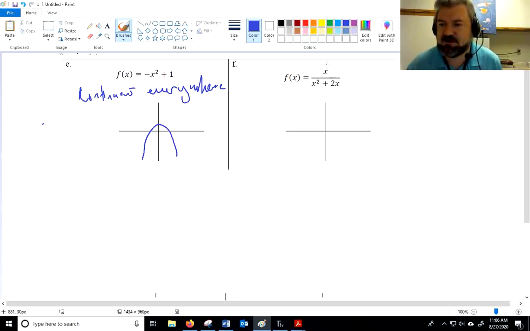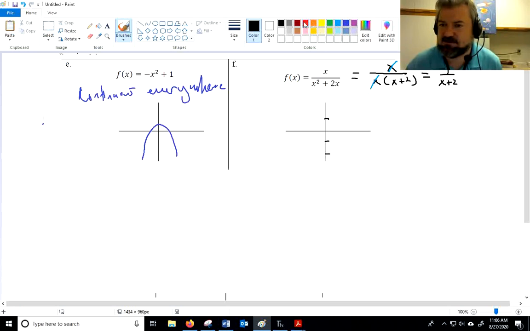All right, x over x squared plus 2x. Let's factor. These will reduce. So this becomes 1 over x plus 2. We also have a hole at 0. So if I were to plug in 0 here, I would get 1/2.